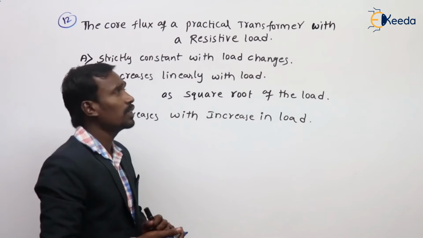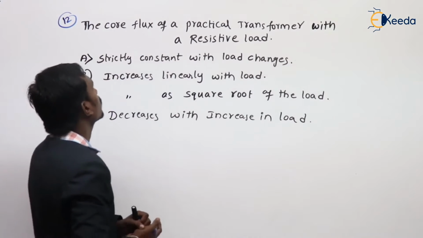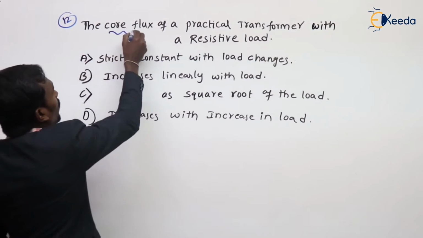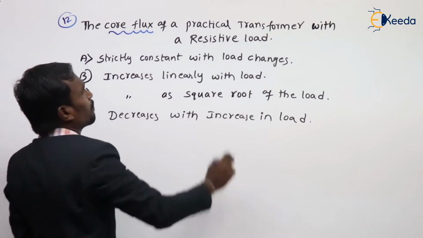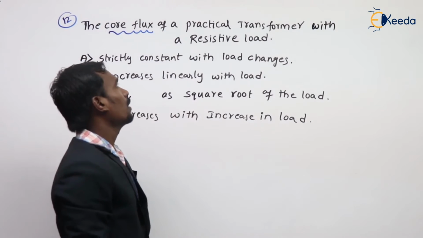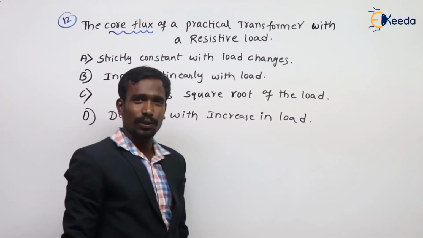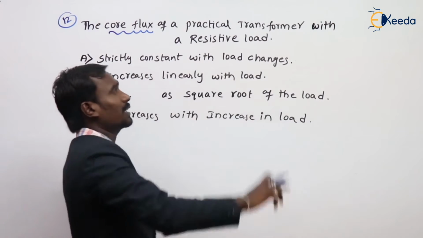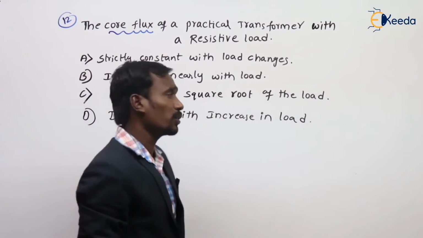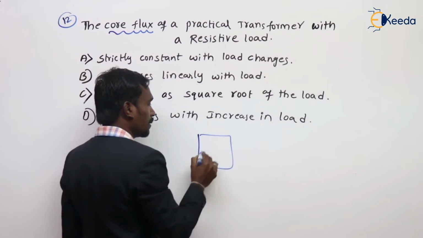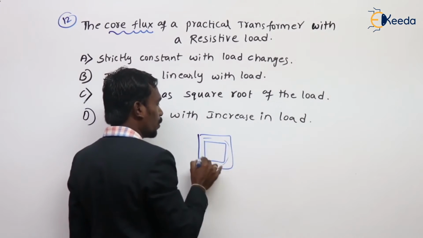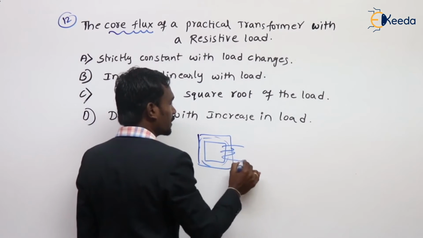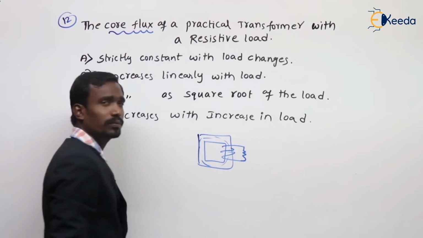Okay? See this question. The core flux of a practical transformer with a resistive load. This is my transformer and here we have a core flux when it is connected to a resistive load.